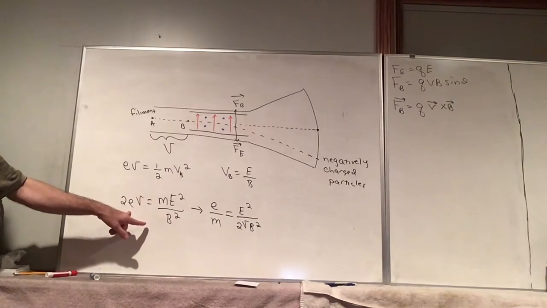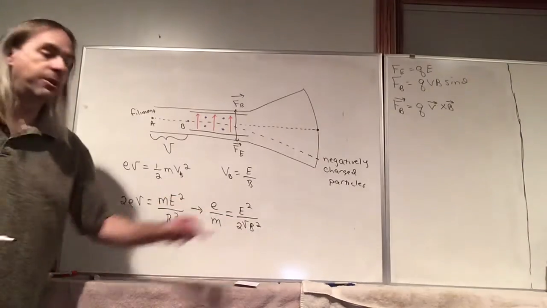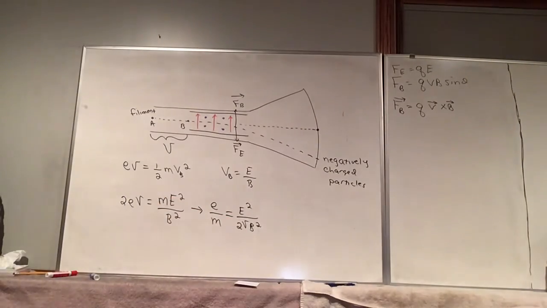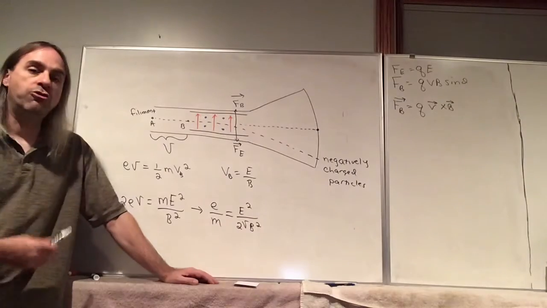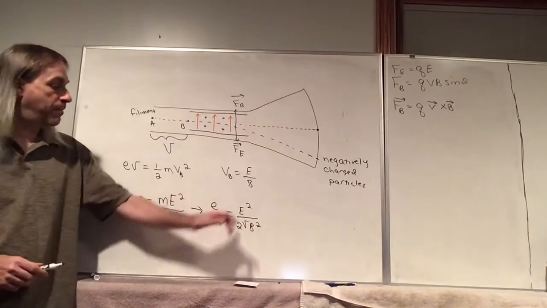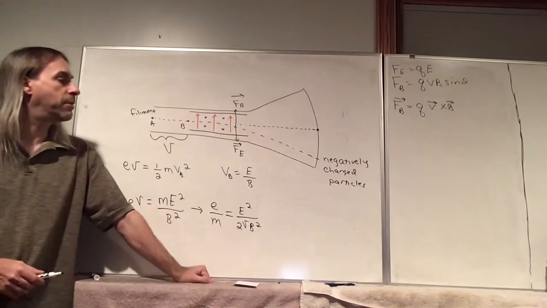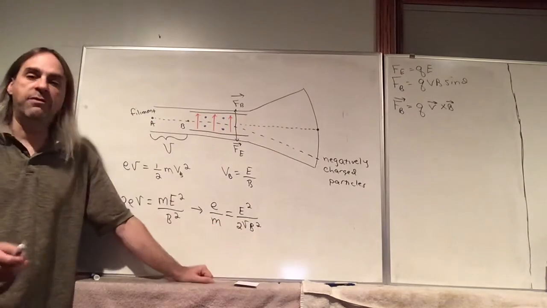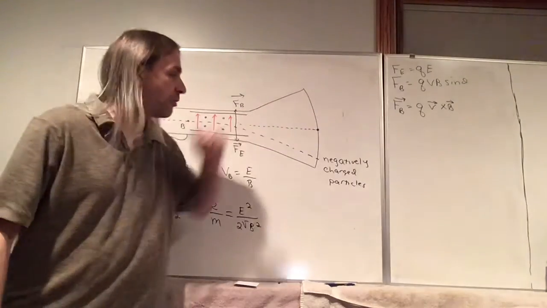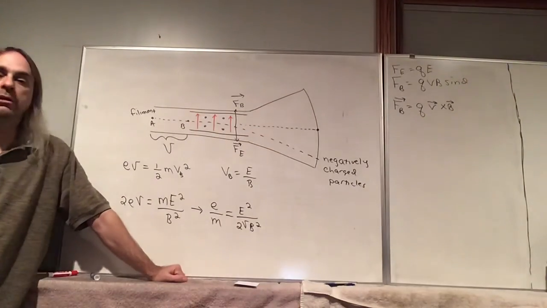So we have E squared over 2VB squared. And everything on the right, these are variables that are controlled by the experiment. Like you pick E, you pick the potential difference that you're accelerating these charges through, and then you vary B until you get the condition you want, that they pass through undeflected.